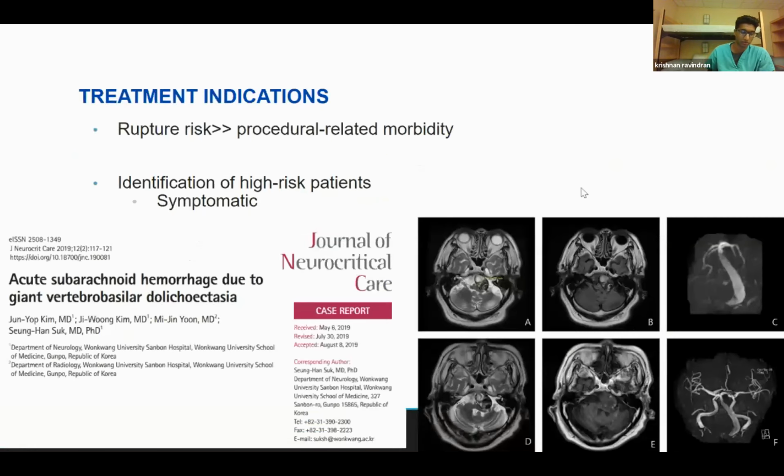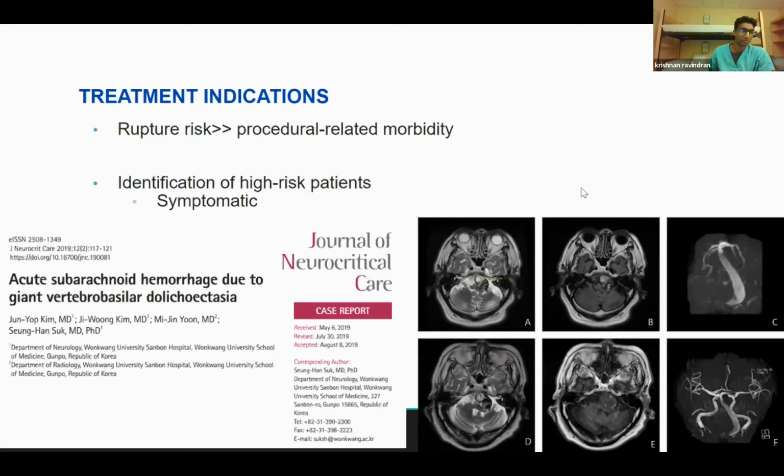The treatment indications for vertebrobasilar dolichoectasia remain arguably somewhat controversial, given the relatively poor natural history of this disease, as you can see here from the prior studies, with essentially a 40% mortality rate and a 17% ischemic stroke rate in 5 years. And of note, this is a 17% ischemic stroke rate in the posterior circulation in a region that is, of course, extremely unforgiving for an ischemic event.